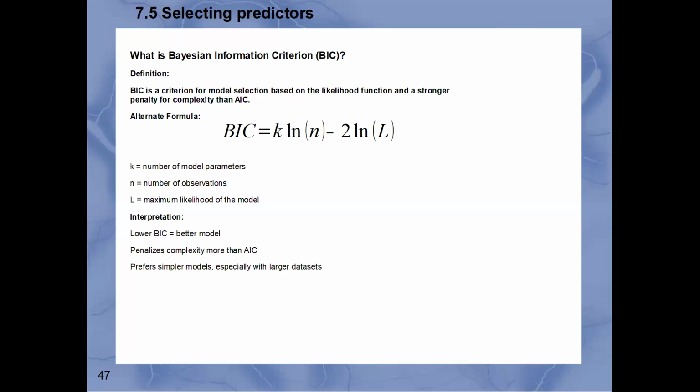So BIC equals K, the number of predictors, times ln n, the number of observations, minus 2 times L, and L is the maximum likelihood of the model. So lower BIC means a better model, and it penalizes complexity more than AIC. So it prefers simpler models, especially for larger data sets.